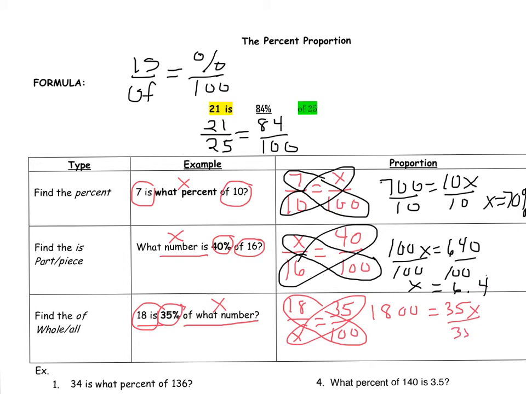Divide both sides by 35. So x is equal to approximately 51.4.